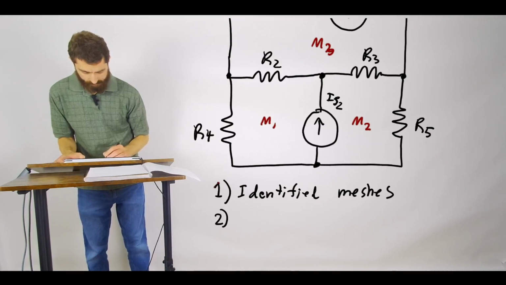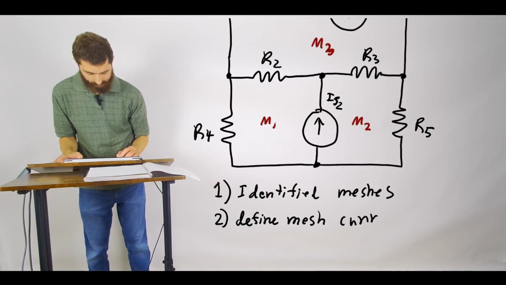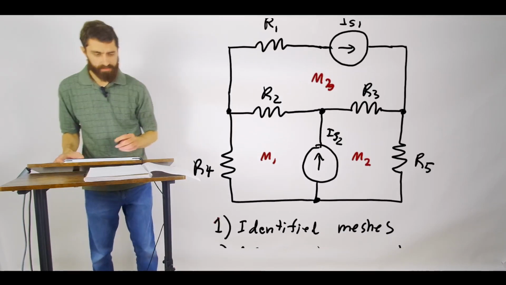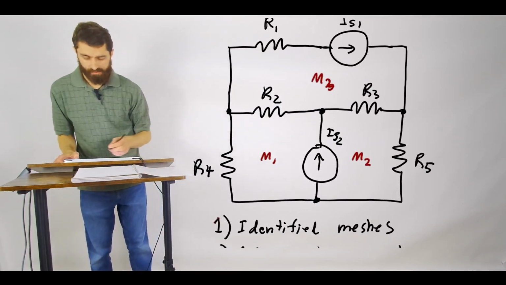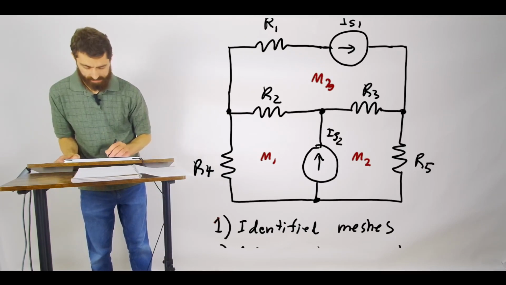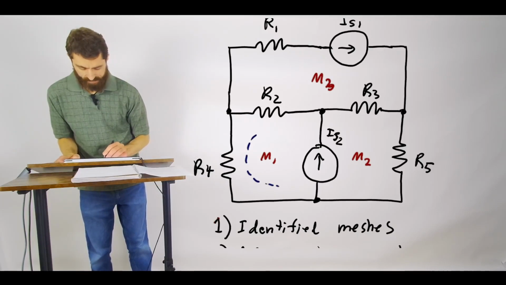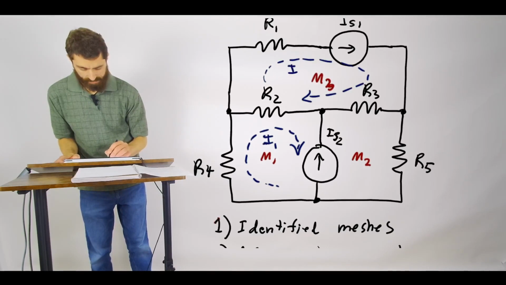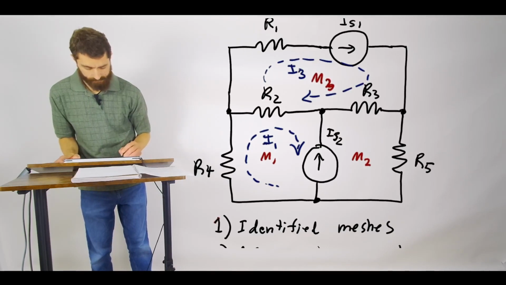And then step 2, define mesh currents. Okay, so I think I'll keep the same labels as I did previously. So going clockwise for each one. This is I1. This is I3.